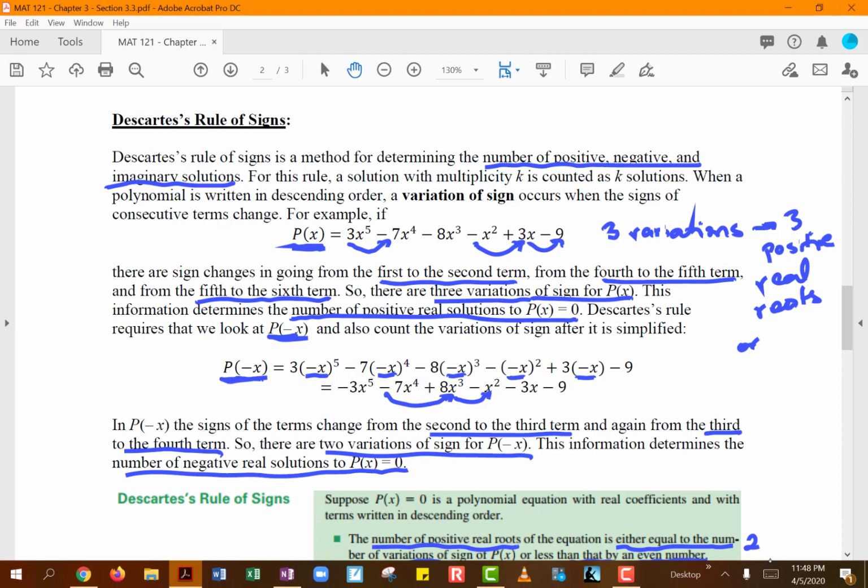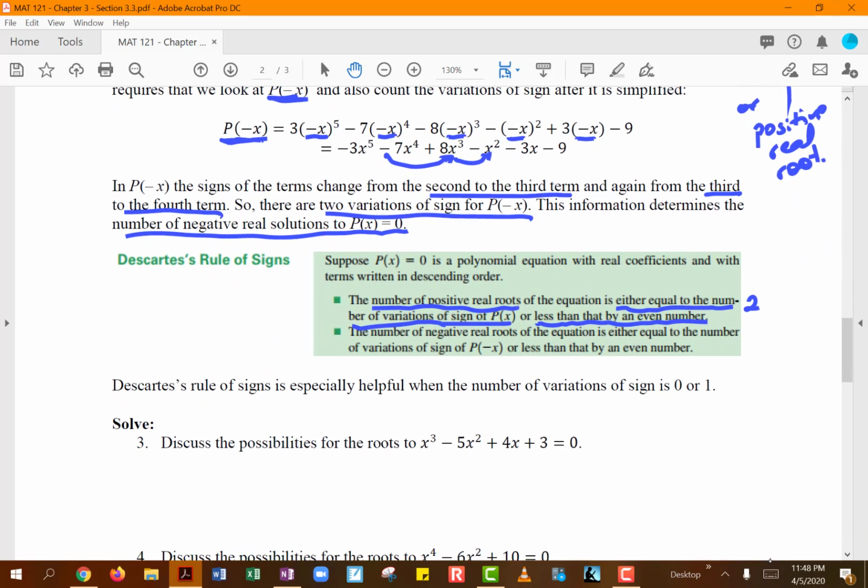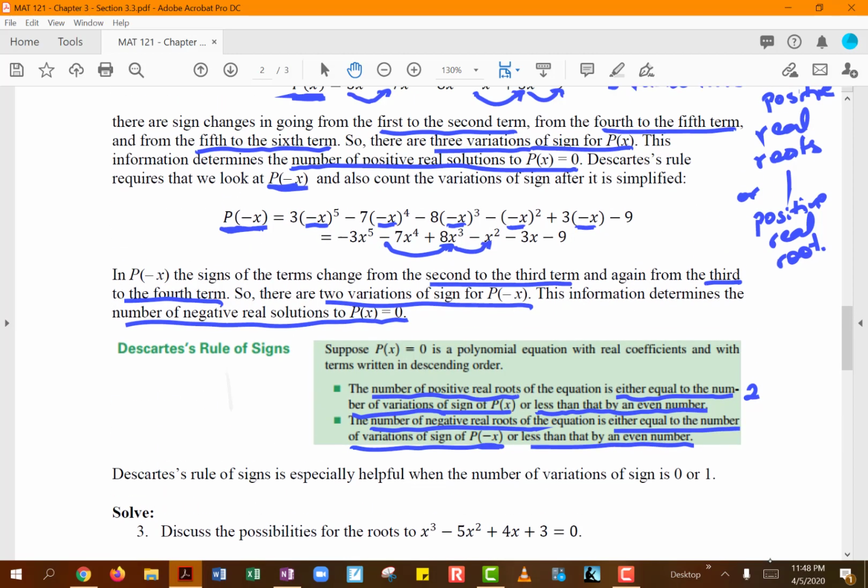Or you can have 3. Or remember, as I was saying, you reduce it by 2. So 3 minus 2 gives you 1, so you could only have 1 positive real root. That's actually the same thing for the negative. The number of negative real roots can be either equal to the number of your variations when we do p of negative x, or again, it can be less by an even number.